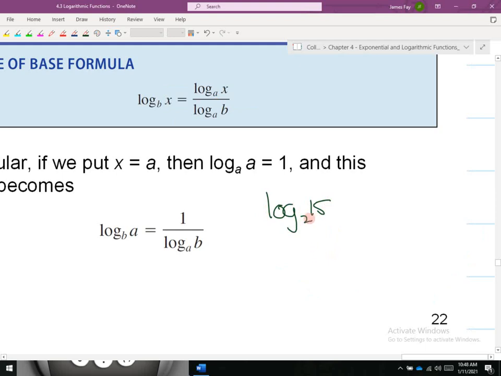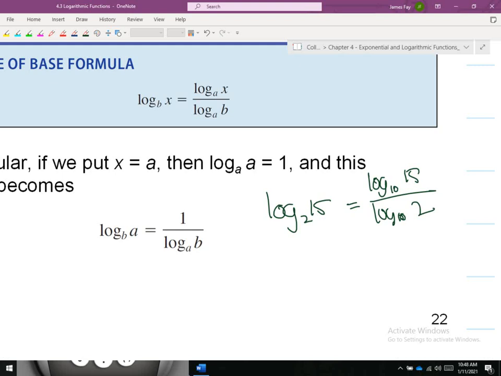And we would want to change that so that we can use our calculator. We would say log base 10 of 15 is the top number, and then log base 10 of 2 would go there. And that would be the same thing as log base 2 of 15.